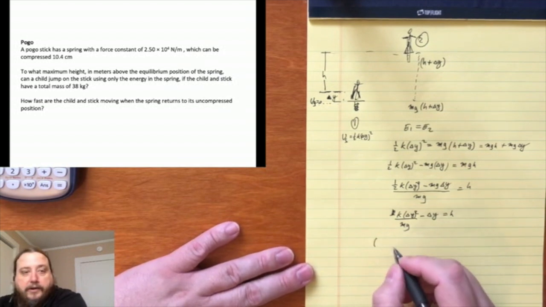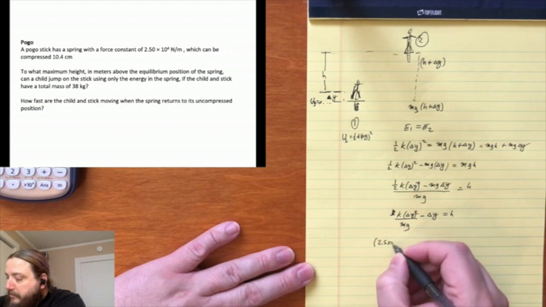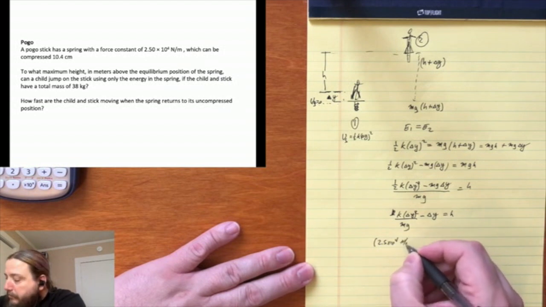So our spring constant is 2.5 times 10 to the 4 newtons per meter.